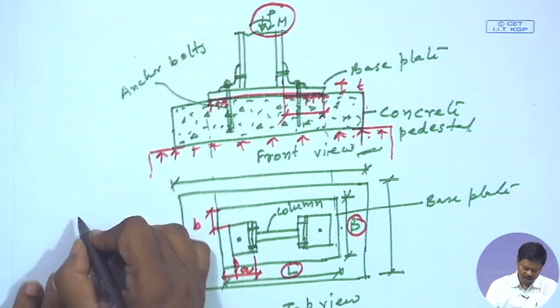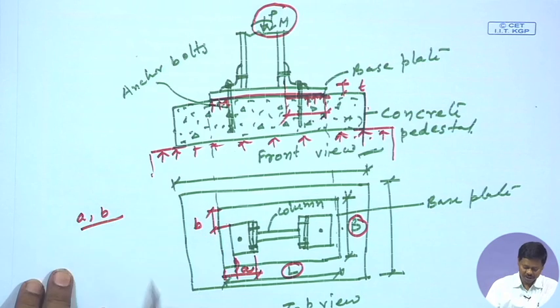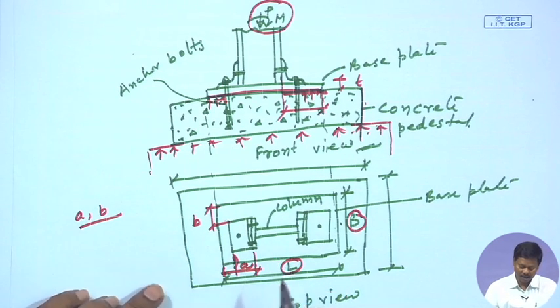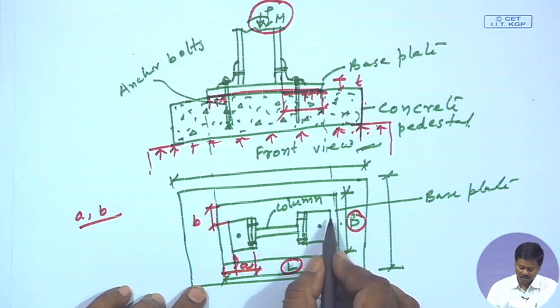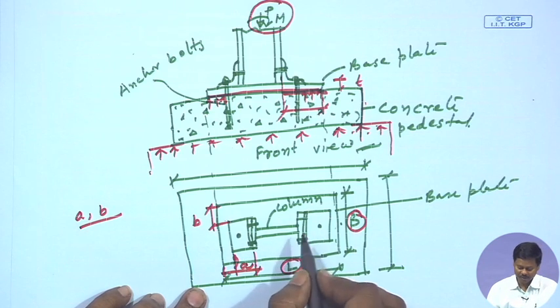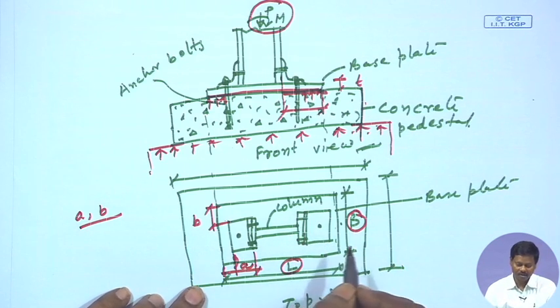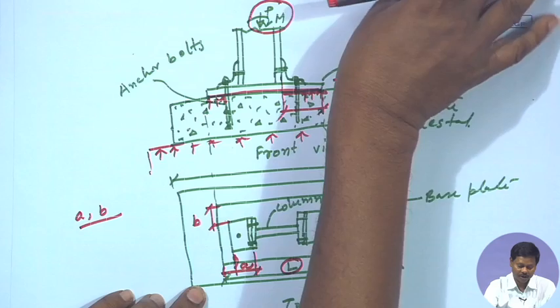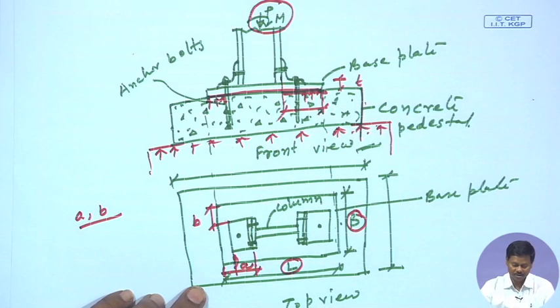So, A and B are the projections in both the axes, and because of this projection the bending moment will be developed at the edge, and we have to calculate the bending stress, so that we can find out the thickness of the plate accordingly.